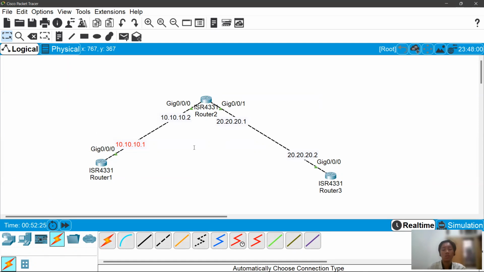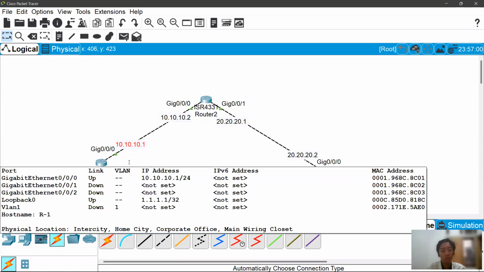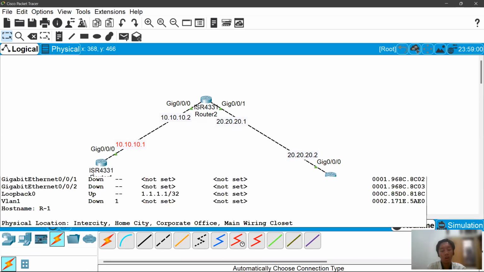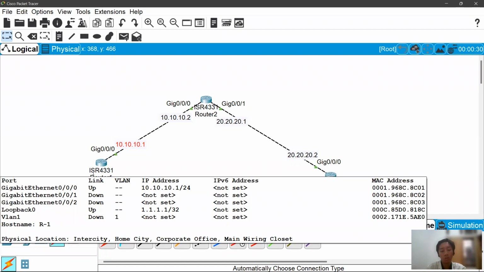For example, if router 1 has network 1.1.1.1 and network 10.10.10.0, the configuration is that it only introduces router 1's networks, router 2 only introduces router 2's networks, and router 3 only uses router 3's networks.